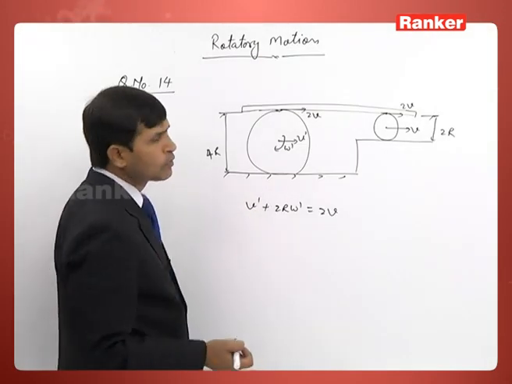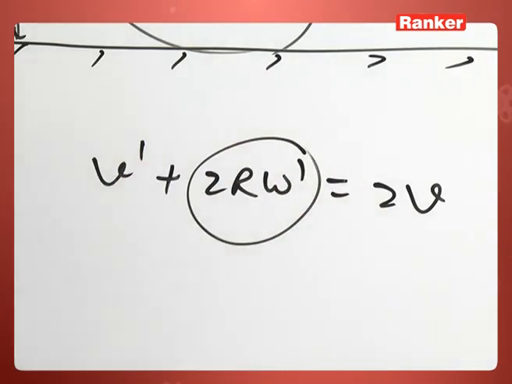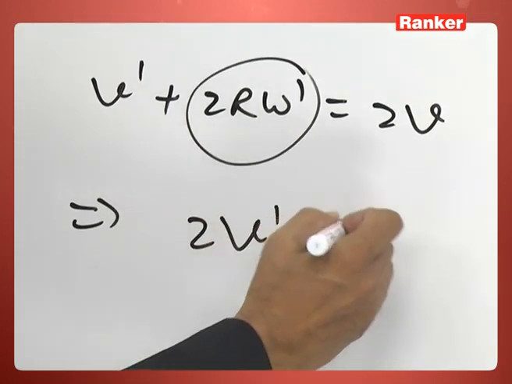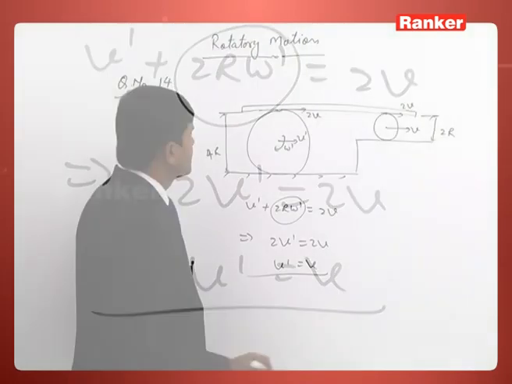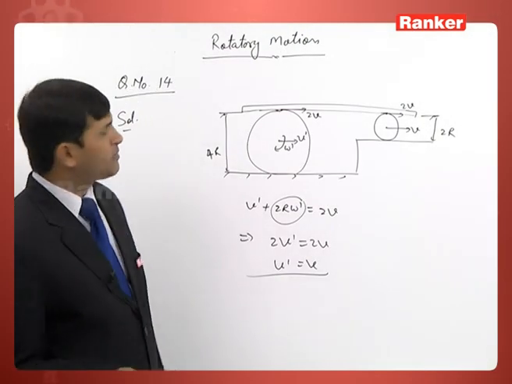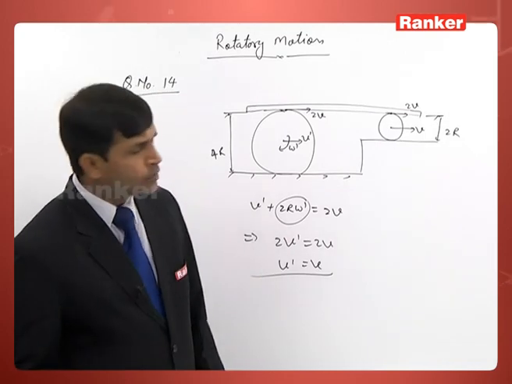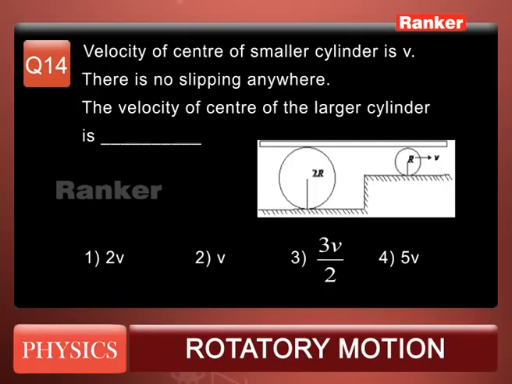And as there is no slipping anywhere, the V dash must be equal to this. So 2V dash is equal to 2V. The V dash must be equal to V. So the velocity of center of mass of the bigger cylinder will also be V. So option number 2 is the correct option.